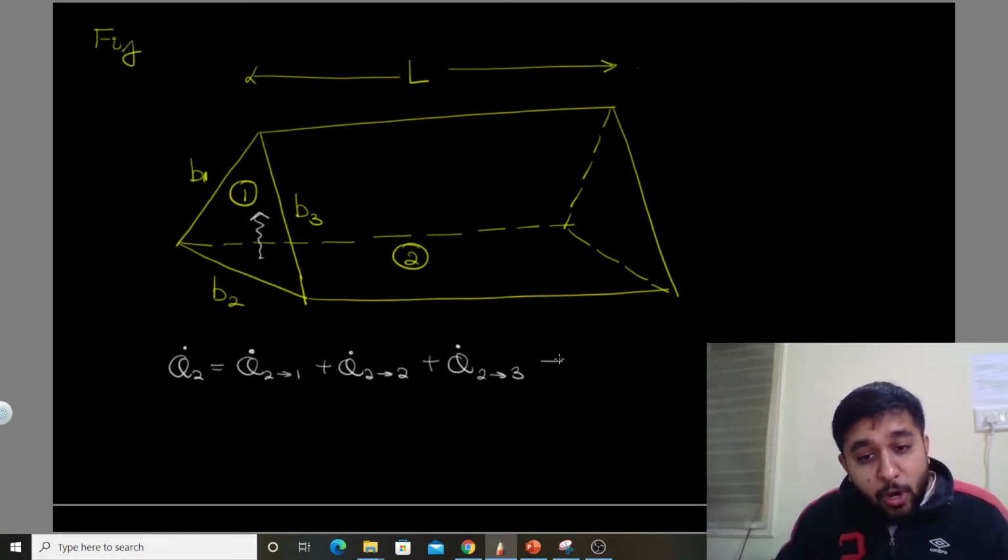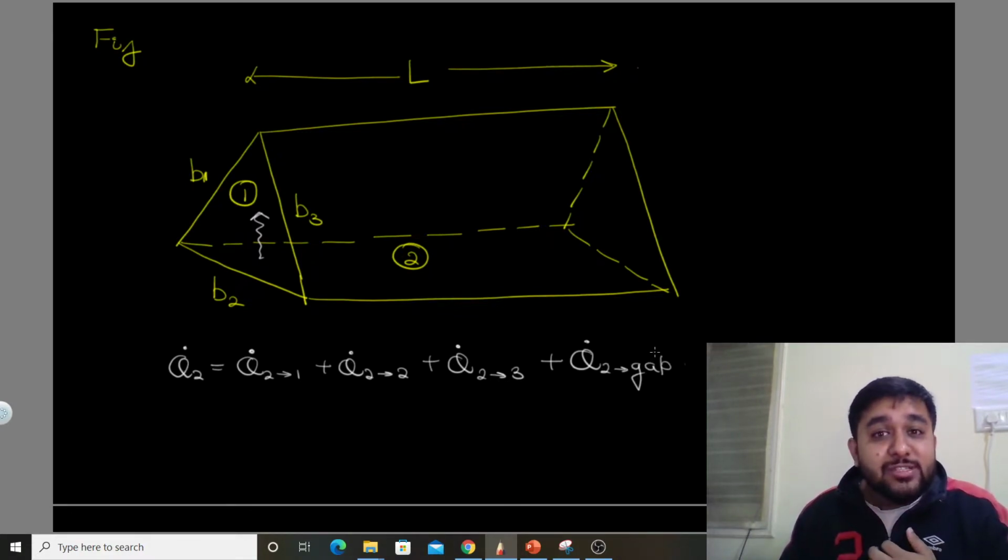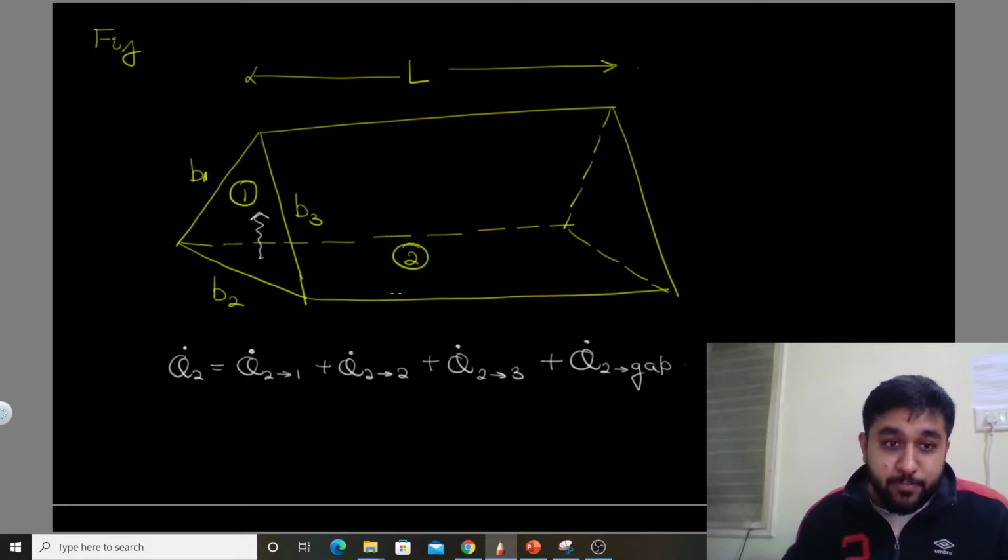But please note, in the classes also I have shown you that when we are talking of a gap, whenever solving for a gap you have to check the dimension of the system perpendicular to the gap. Say for example, here there are two gaps from which the energy can go out, the left hand side triangular gap and similarly the right hand side triangular gap.